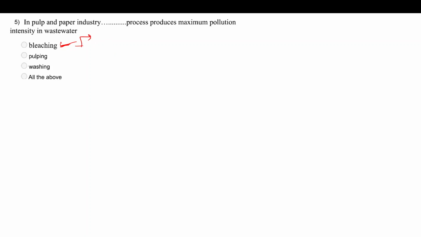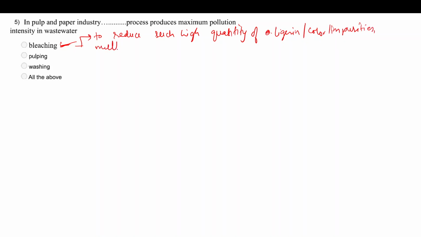Because to reduce such a high quantity of lignin, color, or some impurities, multiple stages are required, right? It cannot be done in a single stage. So multiple stages are required.